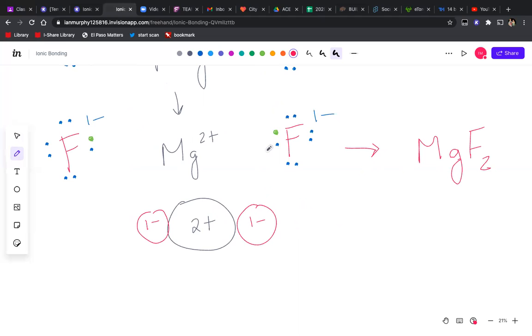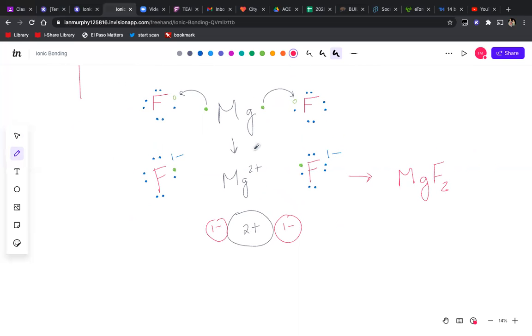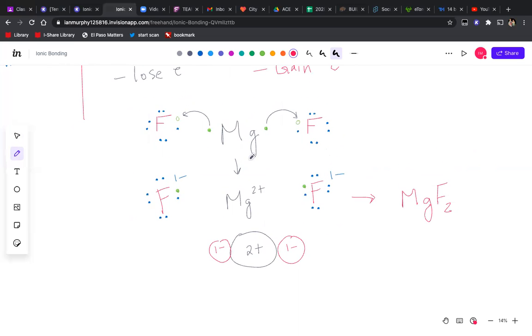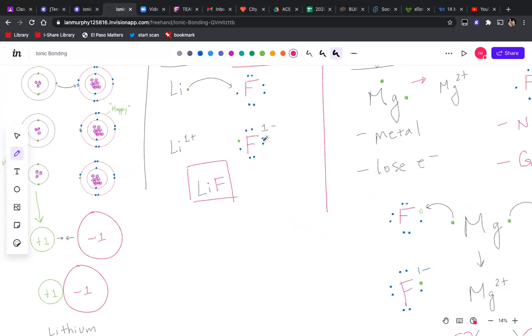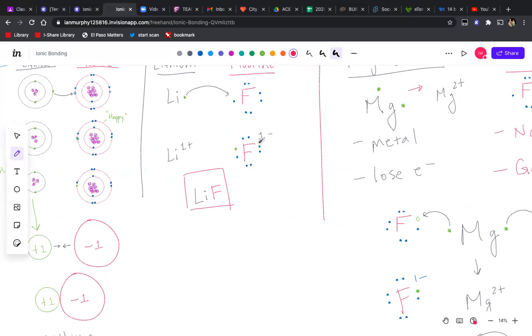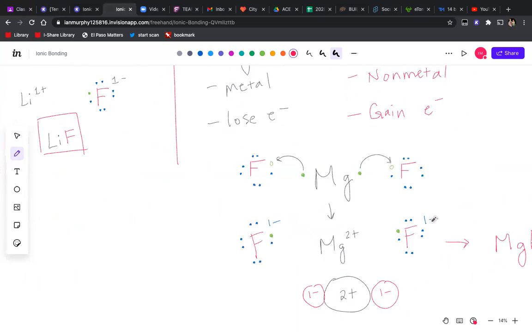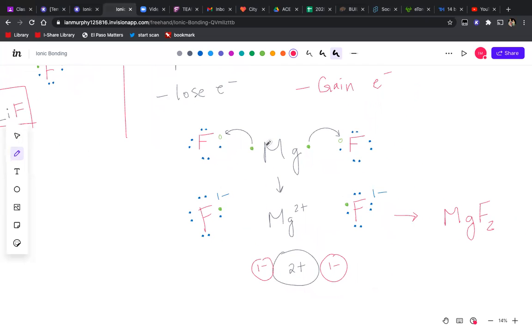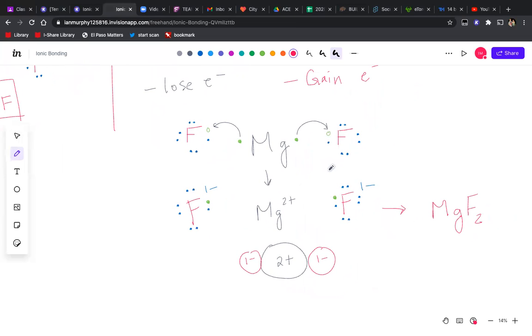That's basically the context behind the formation of ionic compounds. So in the assignment for today, whether you're given elements that balance out nicely, like lithium and fluorine, or elements that don't exactly balance out nicely, like magnesium and fluorine, I need you to go ahead and draw the valence dot model for the anion and the cation.